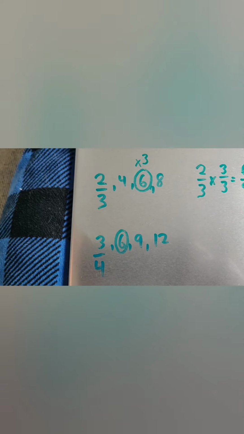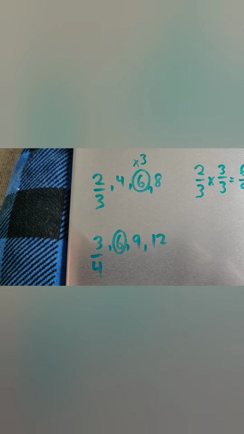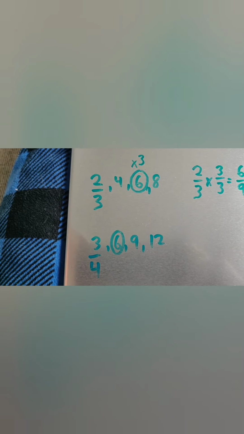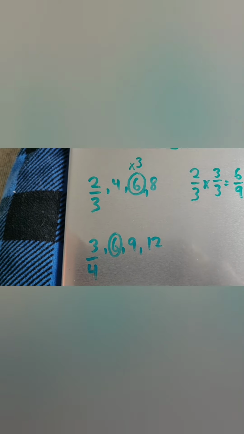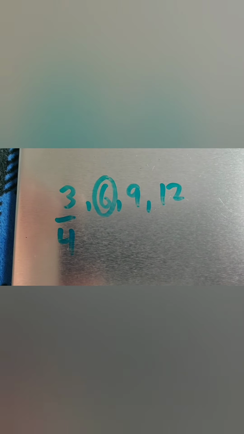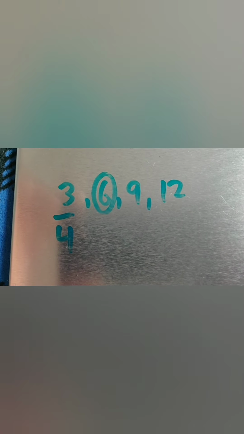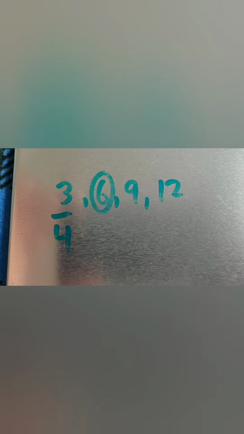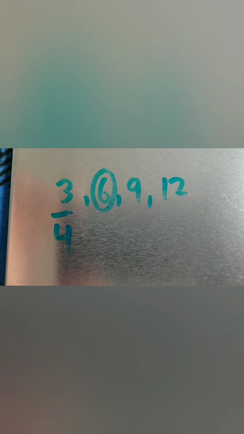So remember, we're comparing 2/3 and 3/4 by finding common numerators. We figured out that the common numerator we're looking for is 6. And so we've already worked through part of 2/3. Let's look at 3/4. For 3/4, we're going to use the same strategy to find an equivalent fraction with a numerator of 6. We skip counted, and we figured out we want to express 3/4 as an equivalent fraction with a numerator of 6.